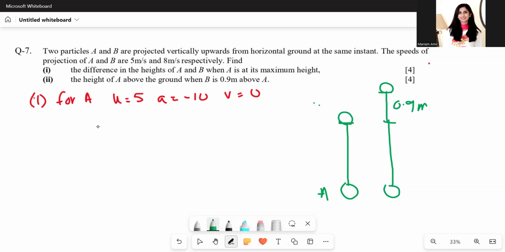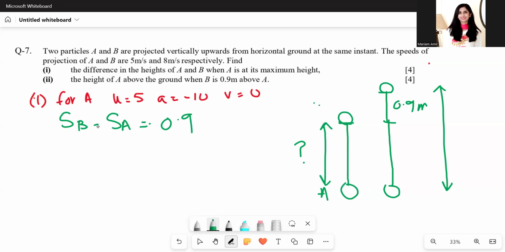Okay, so the height of A above the ground, we need this height when B is 0.9 meters above A. That means the difference of these two heights is going to be 0.9. So I'm writing distance covered by B minus distance covered by A is equal to 0.9. Okay.